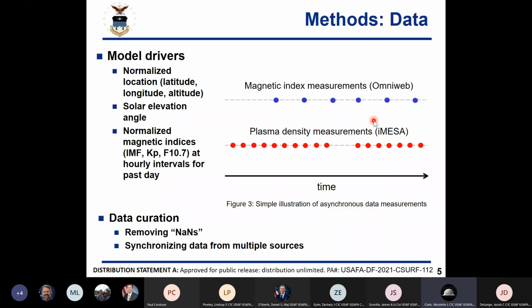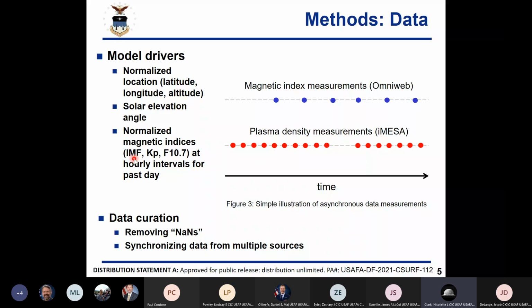Those times were the same time that each IMESA density measurement was taken and 24 hours into the past. So essentially for each IMESA density, we had one measurement of IMF, KP, and F10.7 at the time the measurement was taken. And then we had also those three magnetic indices at hourly intervals over the past day.